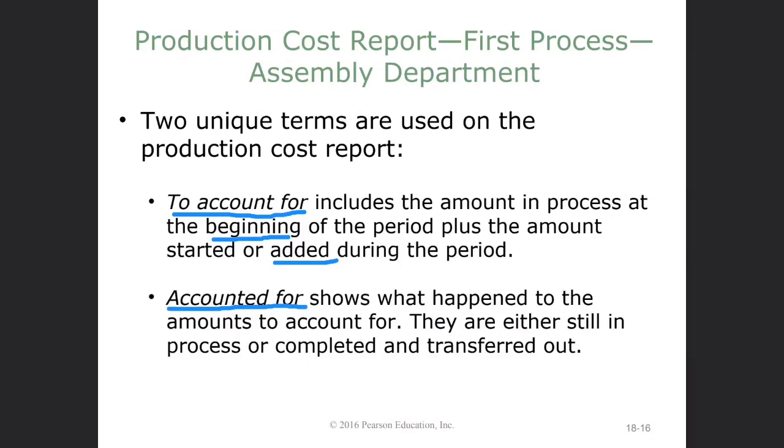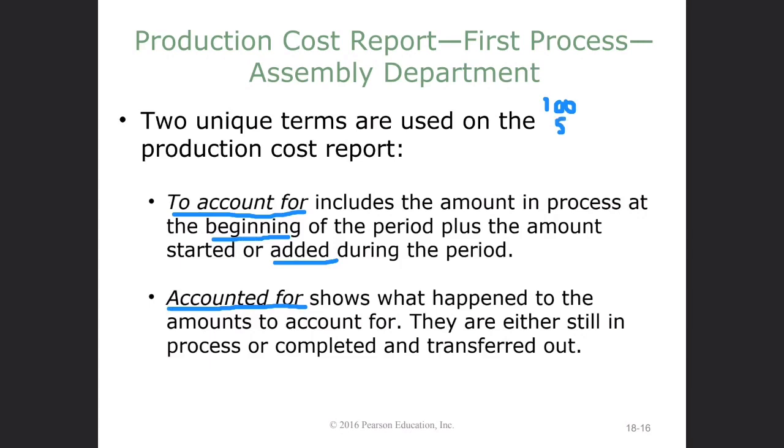To account for includes the amount in process at the beginning of the period. So at the beginning of the period, we had 100. And then during the period, we added 50.